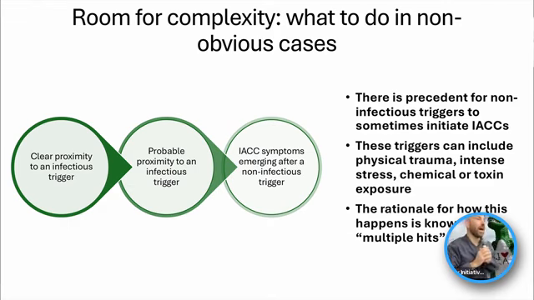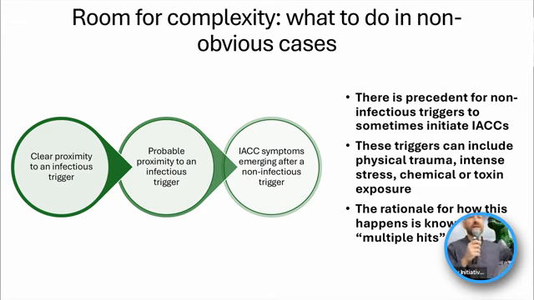So I lied to you a little bit that we can keep things simple, because there is complexity around the diagnosis of infection-associated chronic conditions. The first part of the complexity that I want to talk about is the fact that sometimes an infection-associated chronic condition may not necessarily be so proximal to an infection, or you may have trouble confirming the infection.